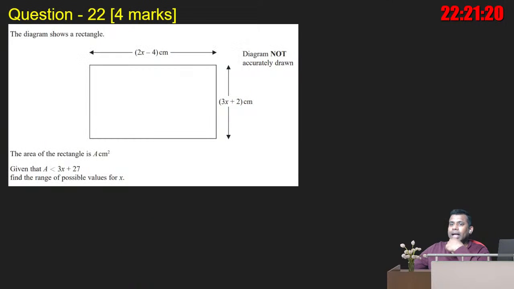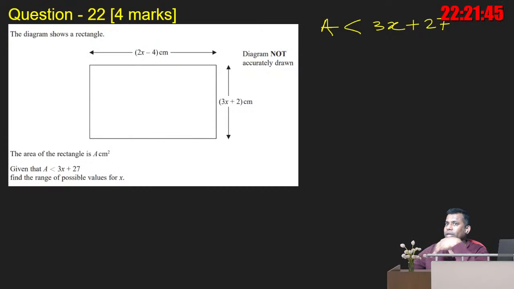Now I'm moving on to question number 22. Have a look. The diagram shows a rectangle. The area of the rectangle is A. Given that A is less than 3x plus 27, the examiner is making a quadratic inequality on an area type question.